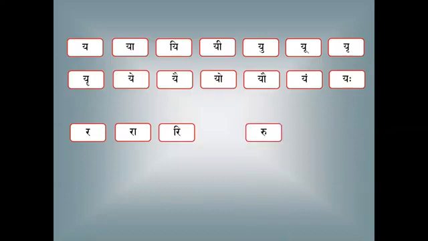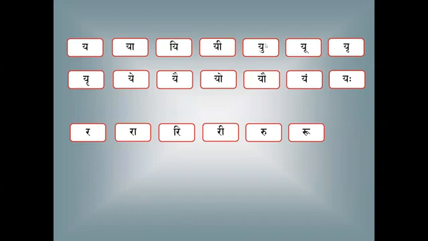Re. Ru. Re. Ru. See the difference between ru and ru, where that vowel sign is written. Generally, the vowel sign is written at the base of the vertical stroke.